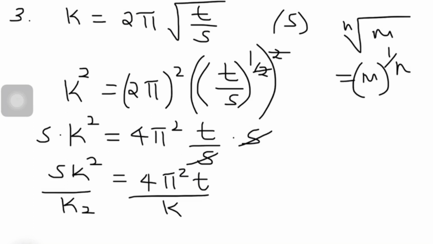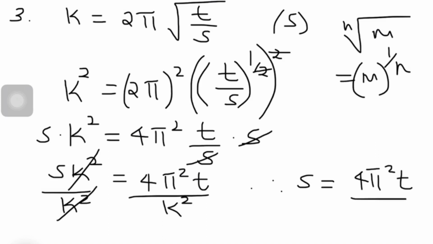K squared goes with the k squared, and therefore our s is equal to 4 pi squared t divided by k squared. And we are done with example number 3.